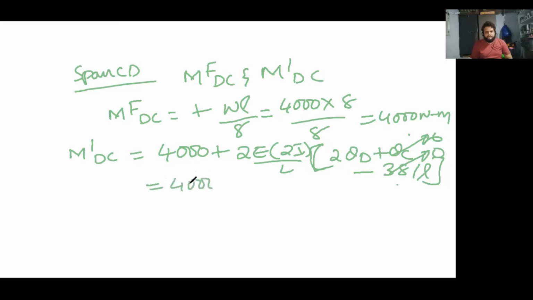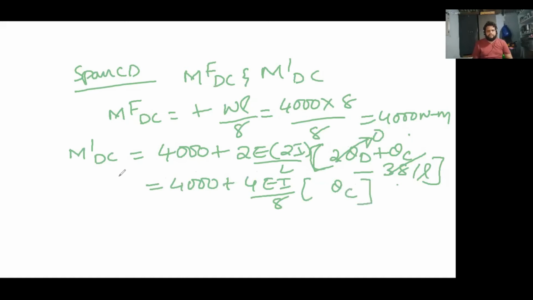So 4000 plus 4EI by 8, into 2 theta D. Sorry, this C is not 0. This term is 0, so that 2 won't be there. So this will become theta C. Now our equation will become 4000 plus EI theta C by 2. So this is equation number 6.